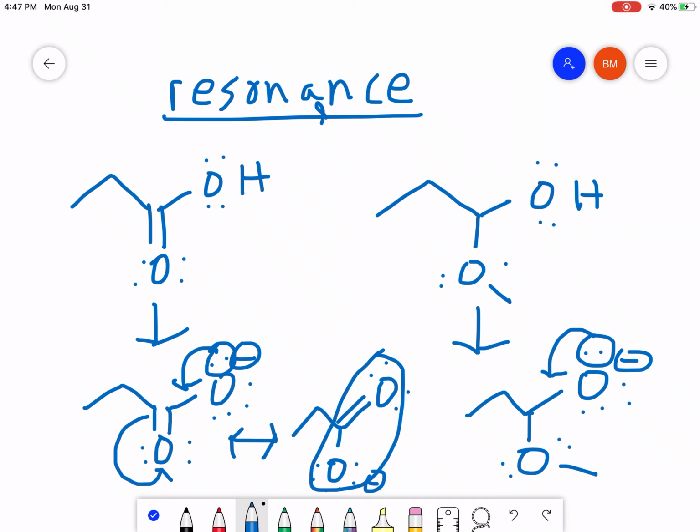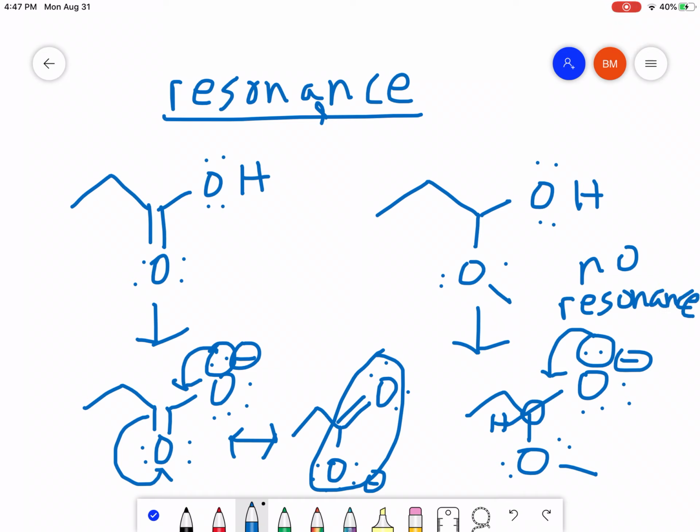This is a skeletal structure, so don't forget this carbon has an H, all right? That's going to give this carbon right over here too many electrons, and there's no way for it to give up a pair without breaking a sigma bond. And we know breaking sigma bonds is a big no-no in resonance, right? So this one has no resonance structures.